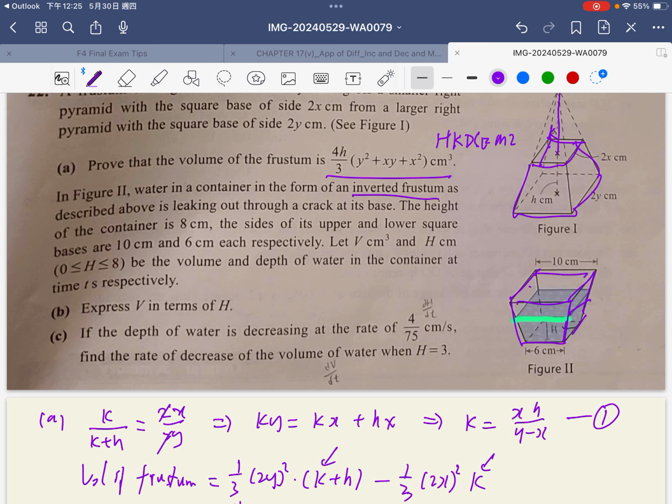Then erase the writing part, and express the volume of water in terms of H. The height of water is equal to H. For simplification, we draw this trapezium like that.